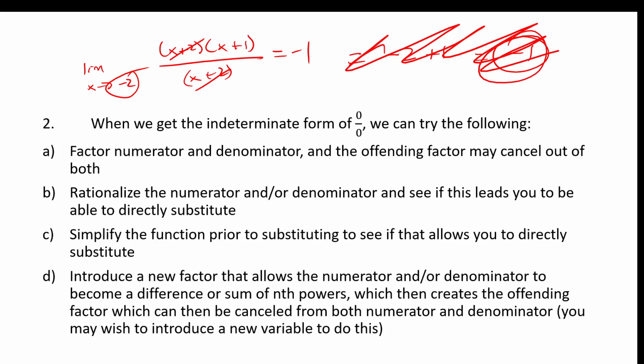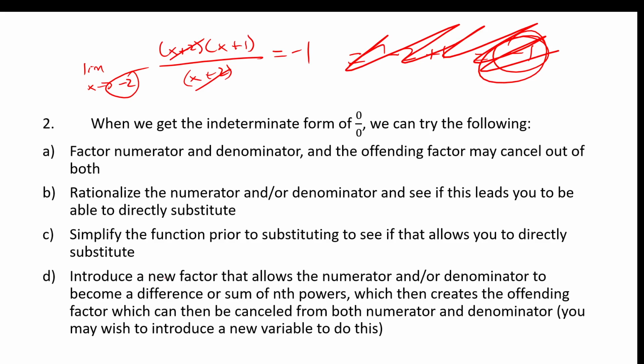That's another rule. Now, sometimes we're going to learn something called rationalizing numerators and denominators, and that might lead you to be able to directly substitute. We might be able to simplify a function prior to substituting to see if that allows you to directly substitute, maybe cancel out.